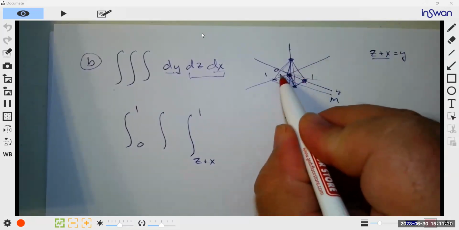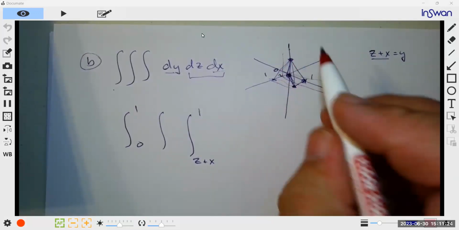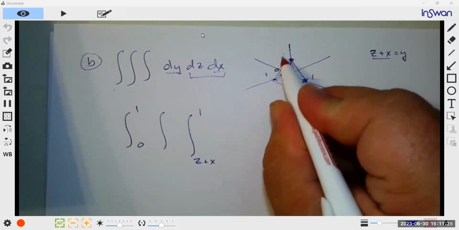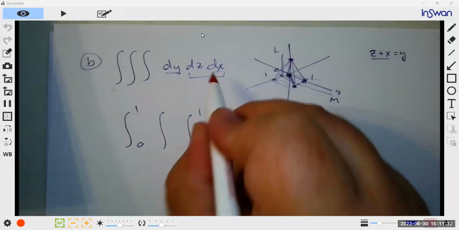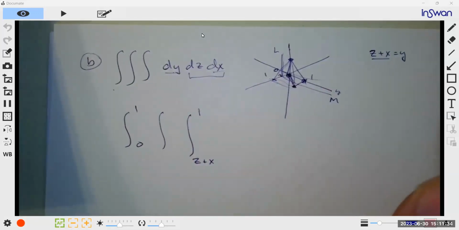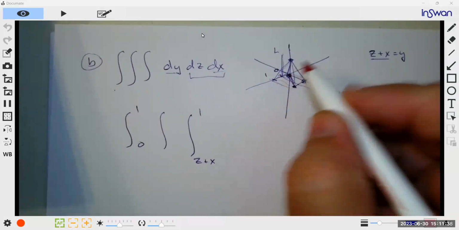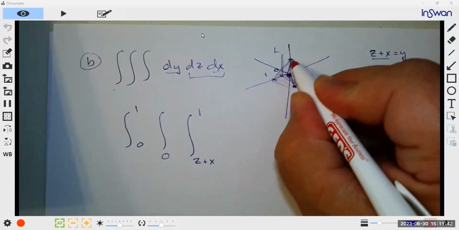That's from the x-axis into the shadow. So this is our L line. It starts off at 0, and it goes to the line here.